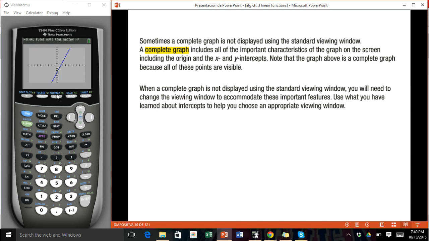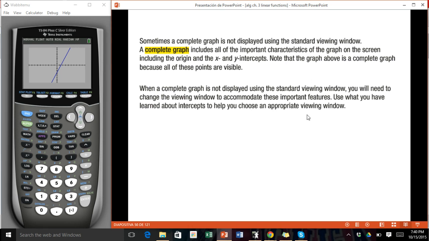So the graph that we first created is a complete graph. If you can't see a complete graph, you're going to need to use the viewing window and make some adjustments. This can be difficult.